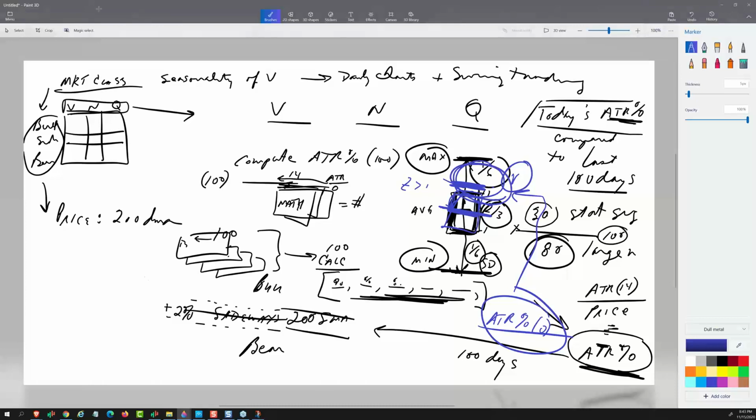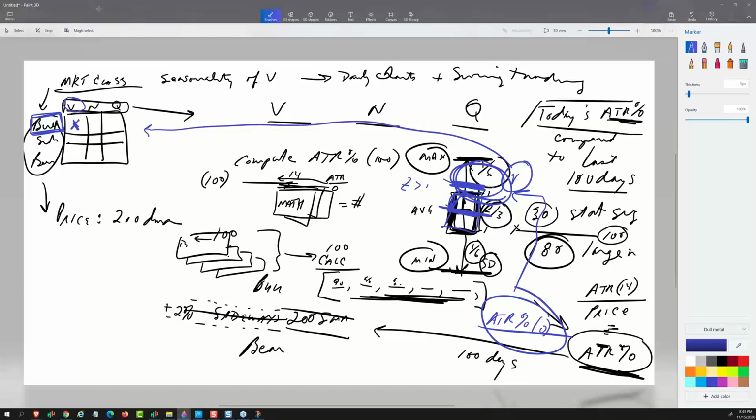So if that's volatile, when you look at the S&P on that little daily chart, today it happens to be bullish because price is more than 2% above the 200-day moving average, plus it's volatile, so that makes it here.